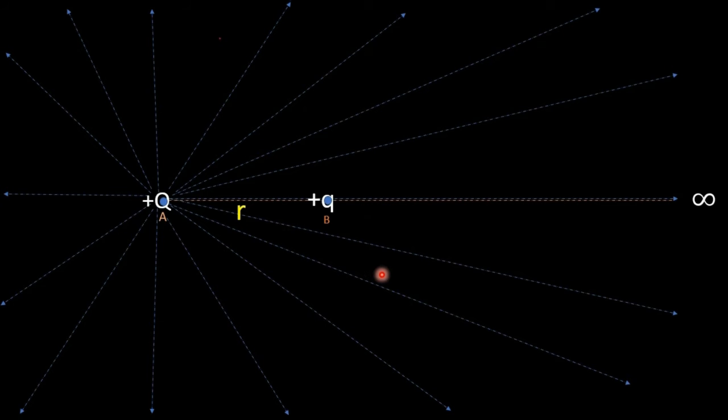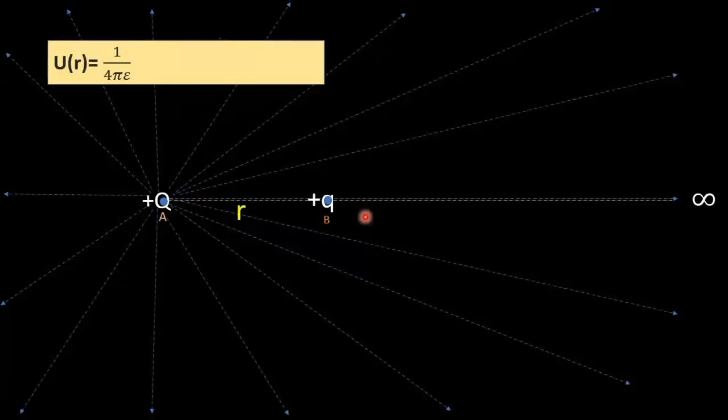Let us return back to this scene again. The potential energy stored in this plus small q charge is given by capital U(R), which is equal to 1 by 4 pi epsilon, capital Q into small q divided by R. Here the quantity 1 by 4 pi epsilon, capital Q by small r, can be denoted by another term, capital V(R).